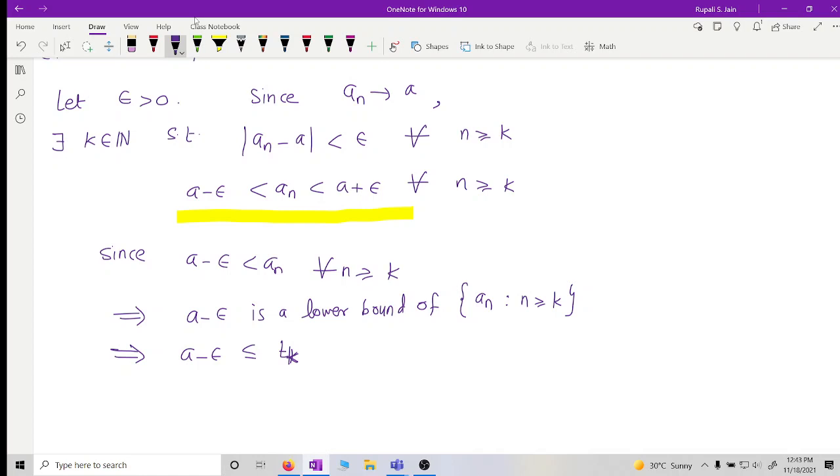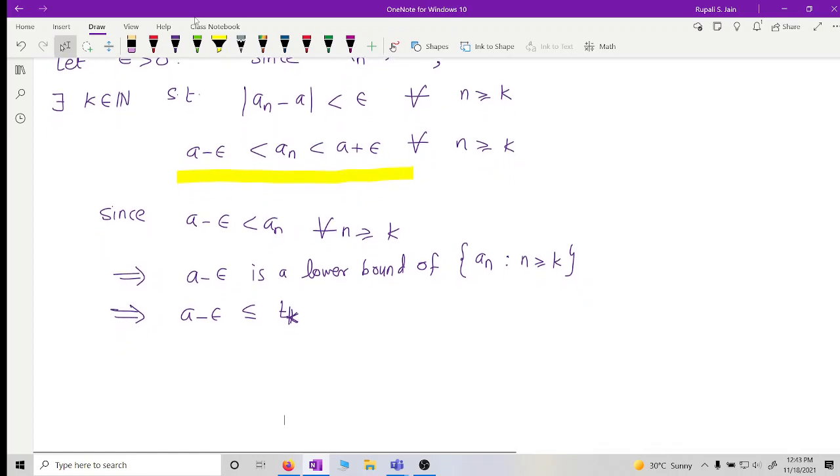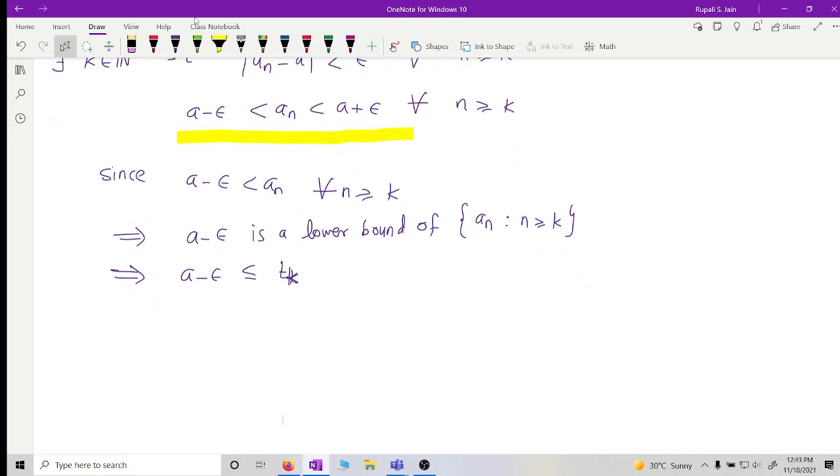Am I right? So this implies A minus epsilon is less than or equal to t_n for all n greater than or equal to k. Can I write like this?